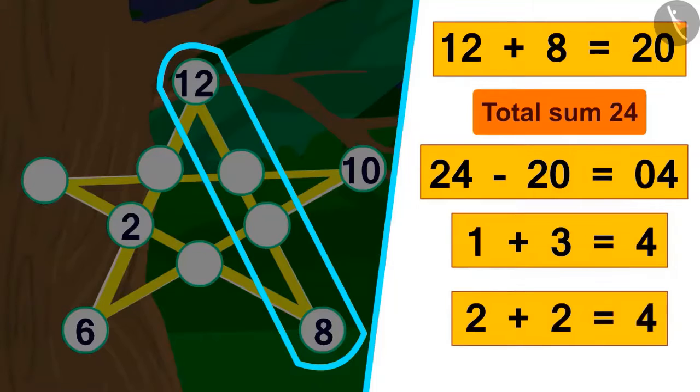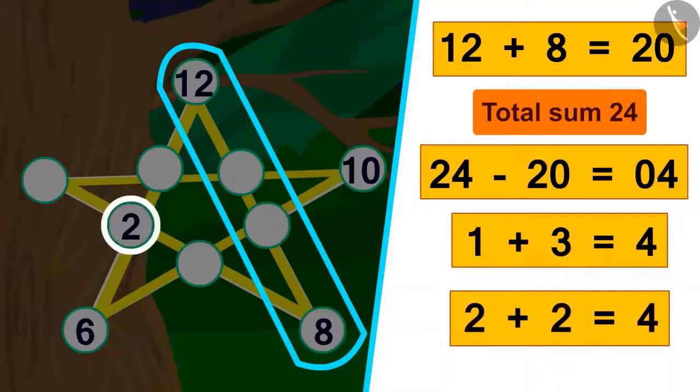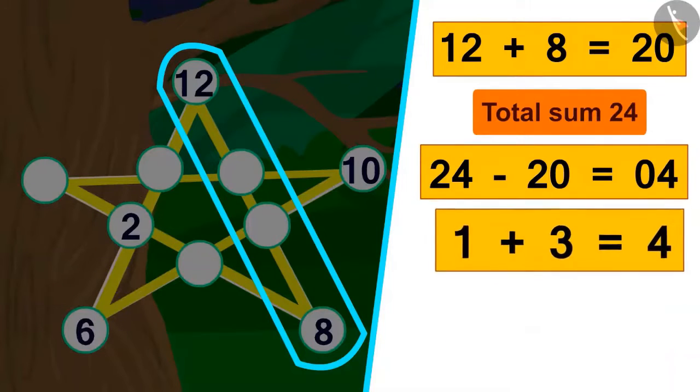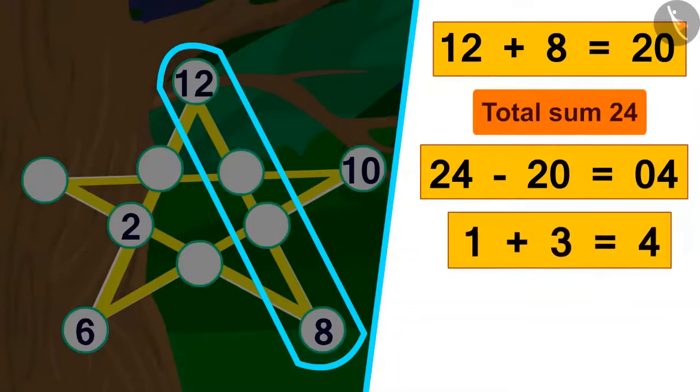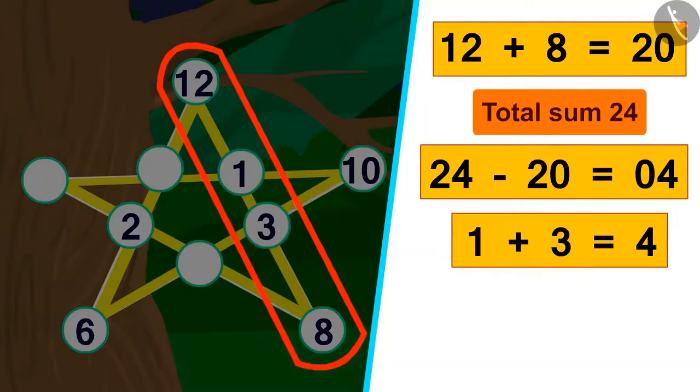But when adding 2 to 2, the number is being repeated. That is why we will write numbers 1 and 3 in the empty spaces of this edge. On saying this, Bablu wrote the numbers 1 and 3 in the empty spaces of this edge.